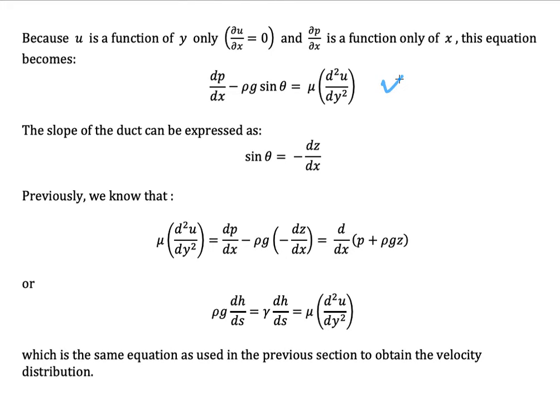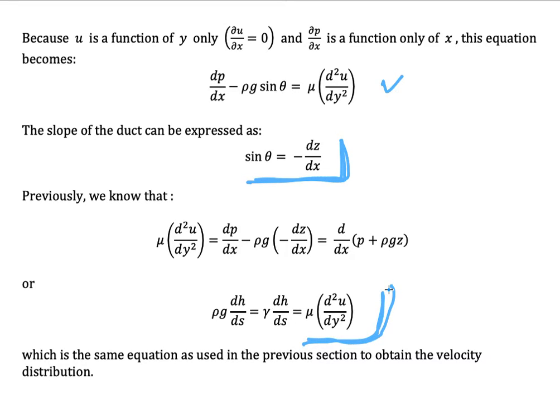The slope of the duct can be expressed as this one. I think in the first slide we assumed that sine theta is equal to negative dz/dx. So we substitute in the equation, and then finally we could simplify the equation as this one.